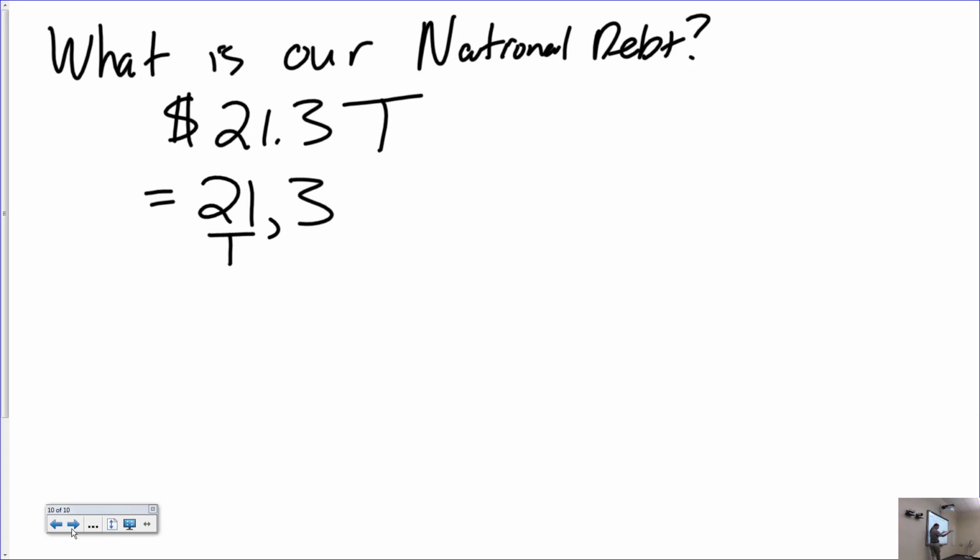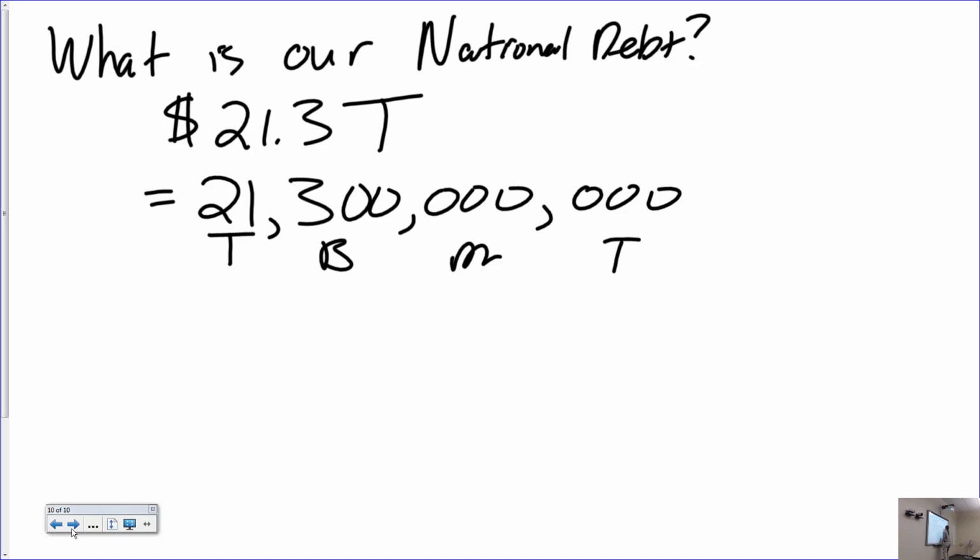What comes after trillions? Billions. What comes after billions? Millions. What comes after millions? Thousands. What comes after thousands? Hundreds. So this is really $21.3 trillion, or $21,300,000,000,000. We didn't get to the cents because that's too many numbers.